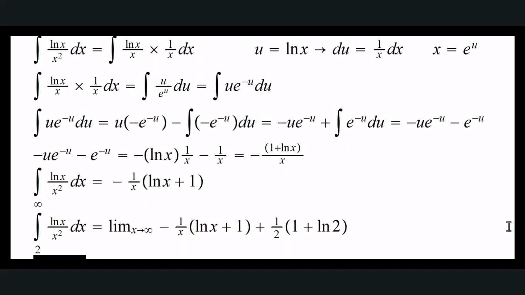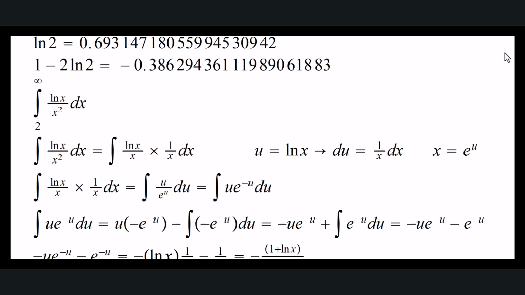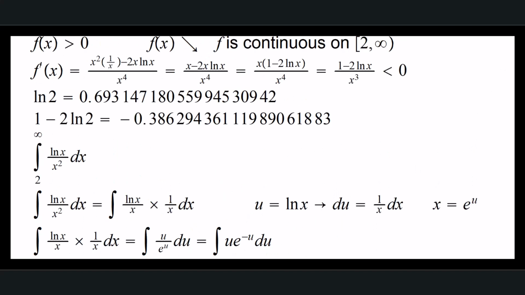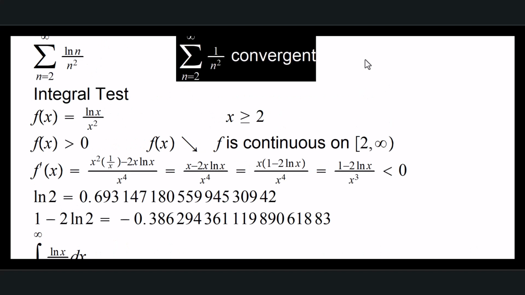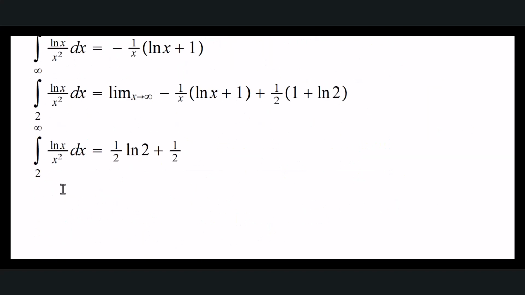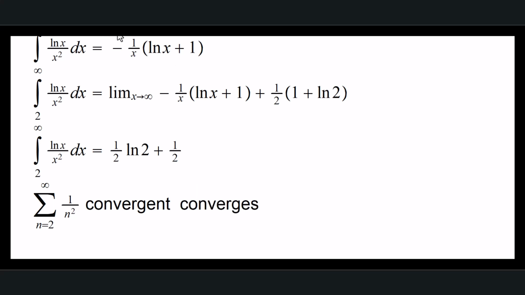Since it converges, the series that we were looking at, which we have lost somewhere way back, is therefore also convergent. Actually, sorry, ln n over n squared converges as well. I was just copy-pasting, not looking properly.